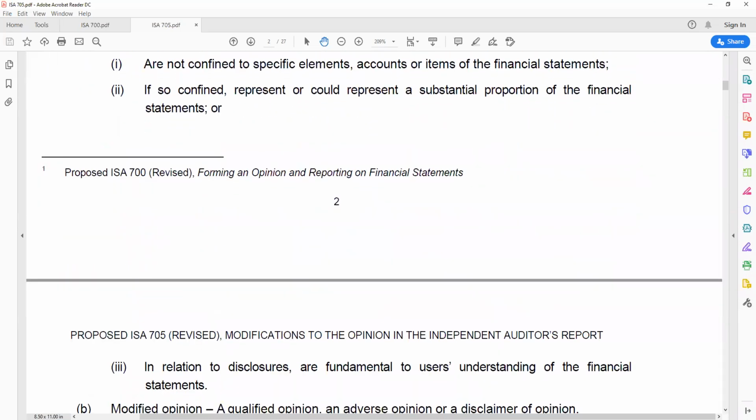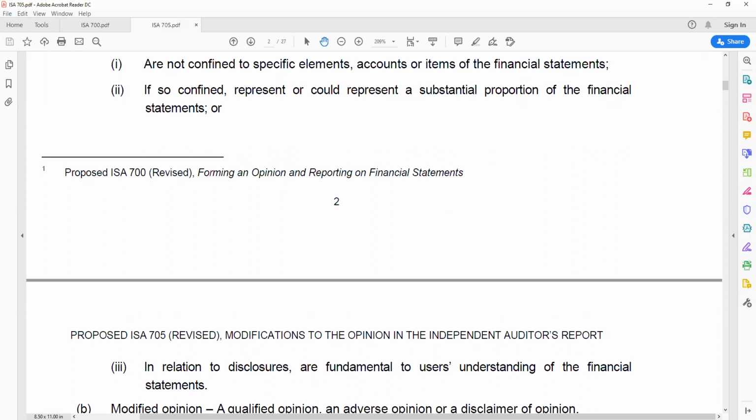Now, if it's a disclosure, we may have misstatements deemed to be pervasive if they are fundamental to the users' understanding of the financial statements.